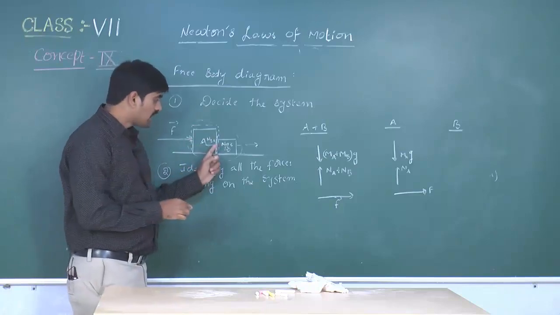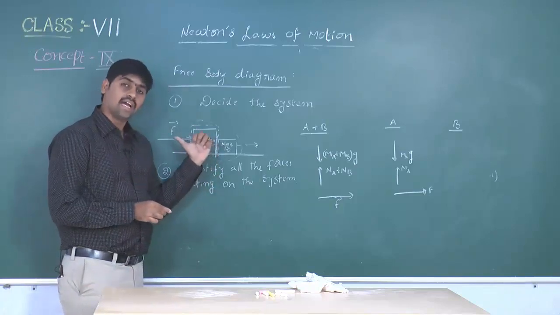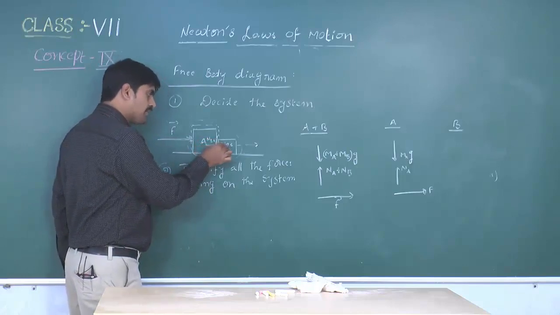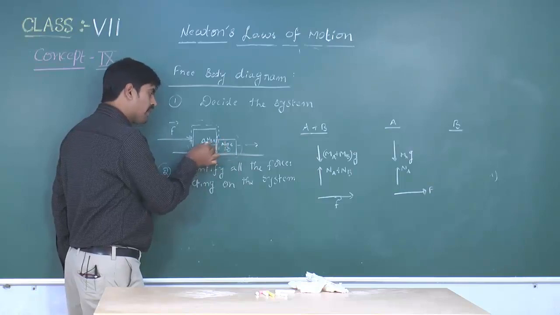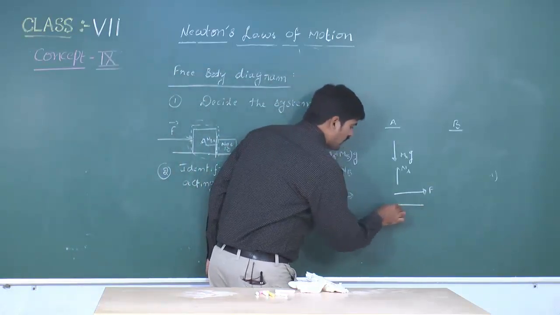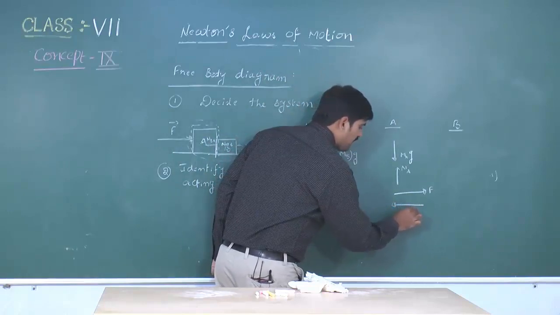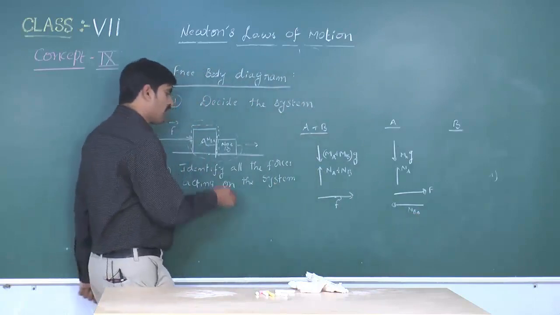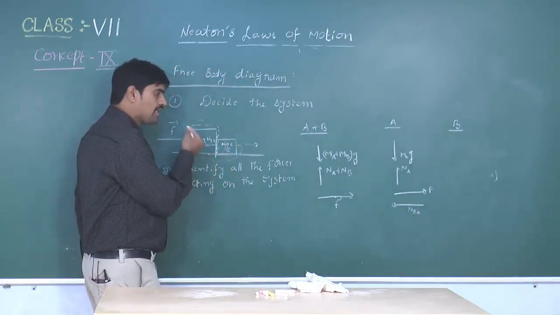You have to consider the forces acting on the system only. So now on this A body, the force developed by this B body on A is in this direction, that is NBA, the normal reaction developed by the body B on A.